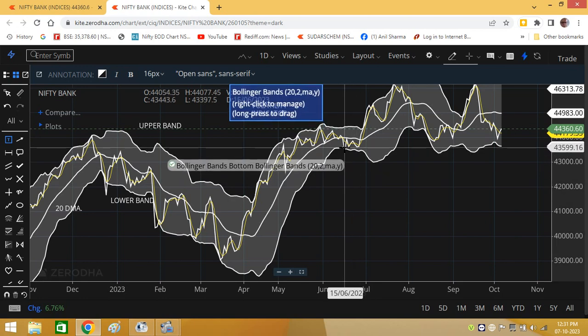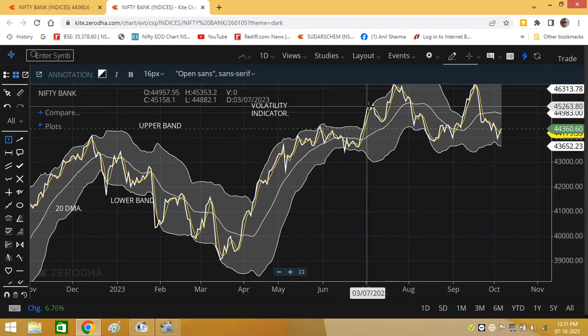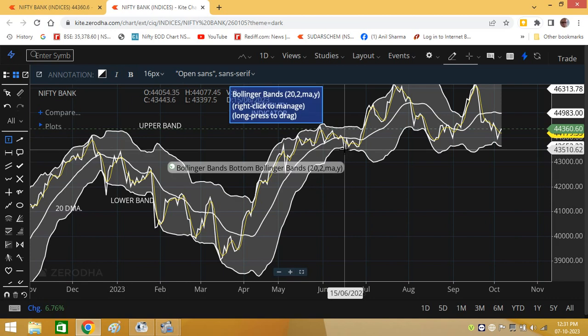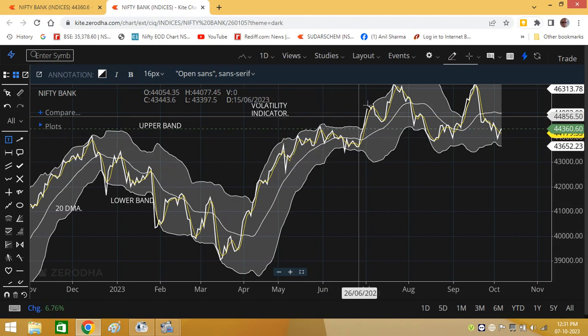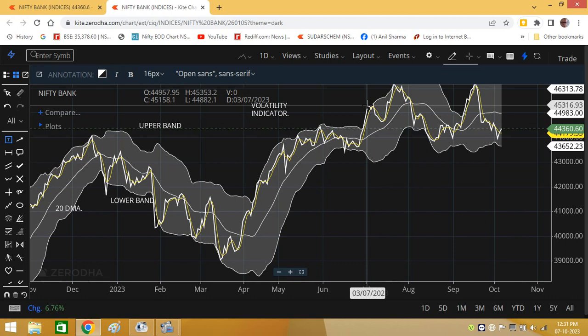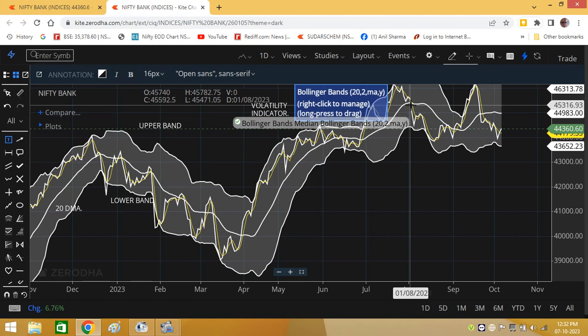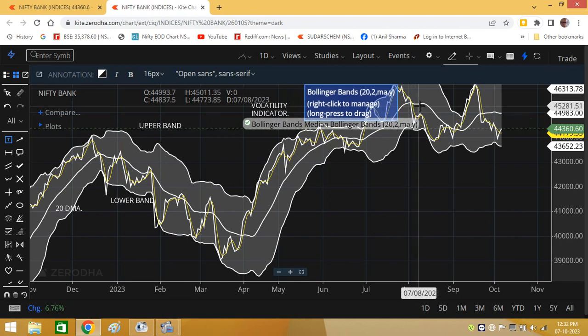At the lower band the price is oversold, at the top it is the overbought zone. So the price moves between the oversold and overbought zone. Friends, price always tends to come towards the middle line, that is the 20 SMA.